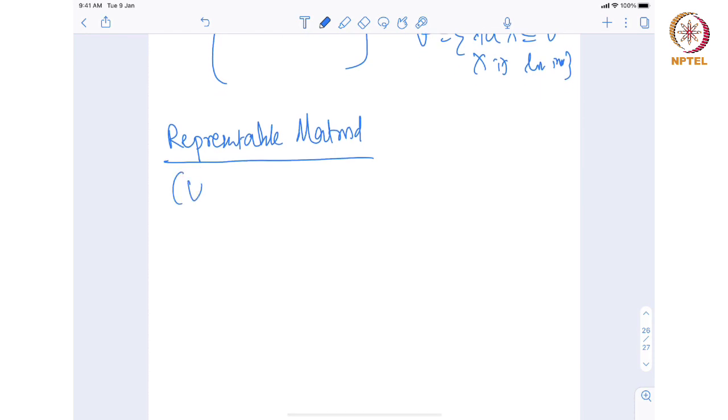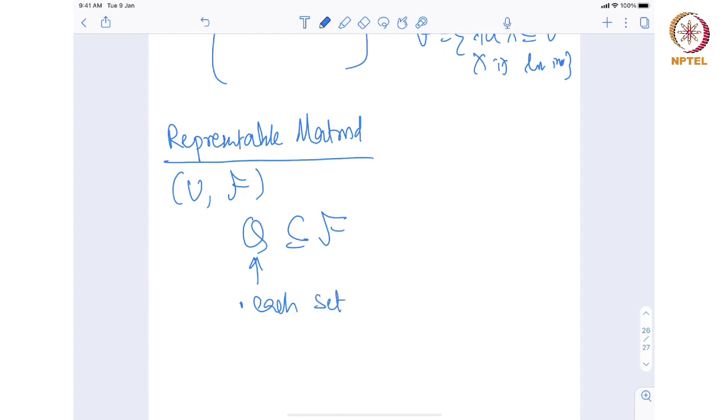You are given U and F, which is a matroid, and imagine that you are given some family Q subset of F. What is the property of Q?